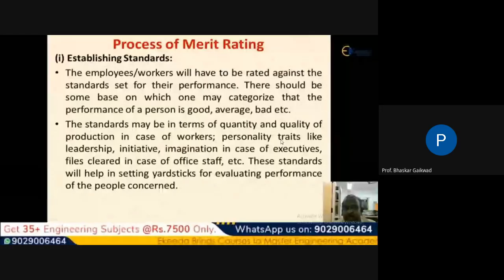Again, it can be compared in terms of quantity: in 1 hour, how much he has produced. Somewhere between 45 to 50, it's good. Between 40 to 45, I can keep it as average. Below 40, I can keep it as bad. So it is going to set the yardsticks, which means it is going to give you the references. So the first step is to establish the standards for evaluating the employee.